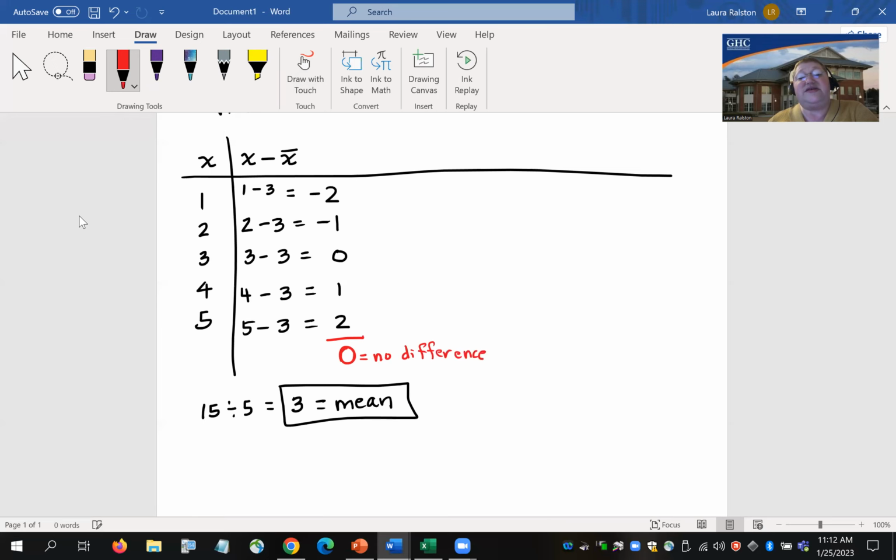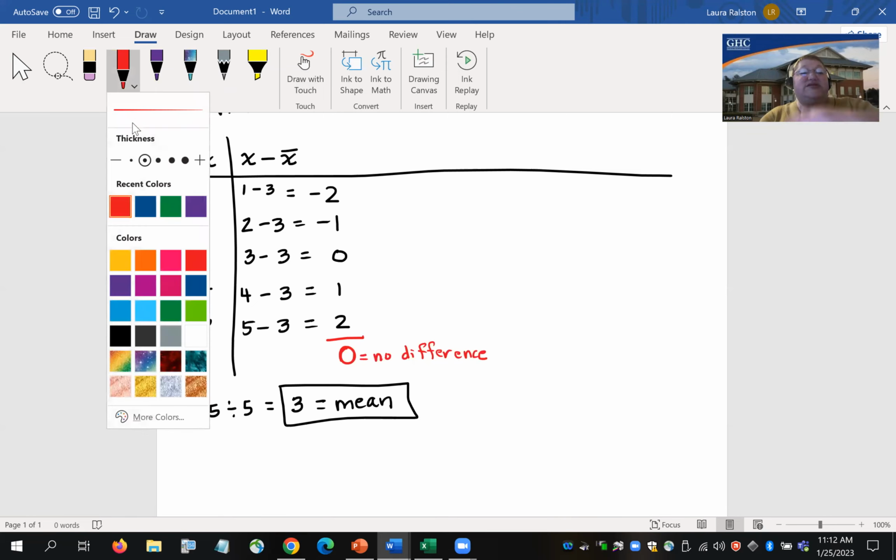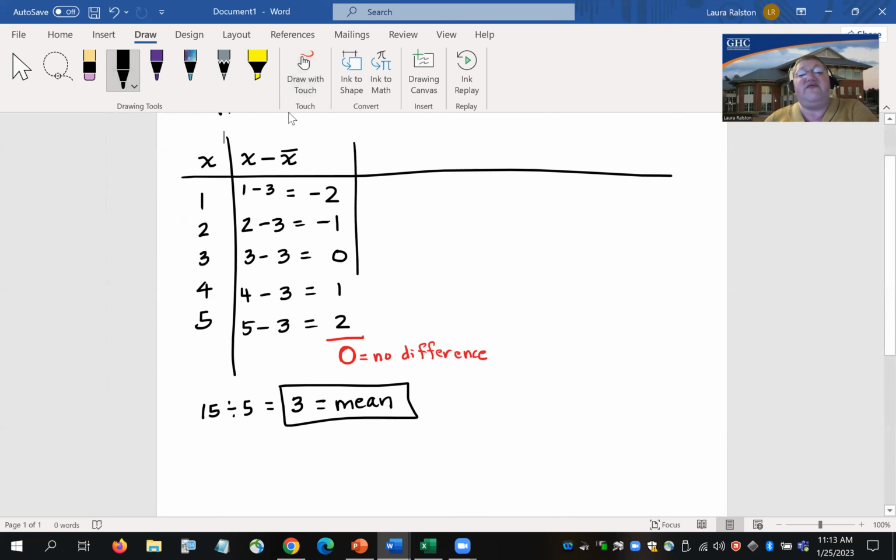Well, that's kind of crazy because I can tell there is a difference. I mean, 1 is different than 2, is different than 3, is different than 4. And so mathematicians and statisticians kept butting up against that problem. So they wanted to force all of these values to be positive. After they took the difference, they squared them.